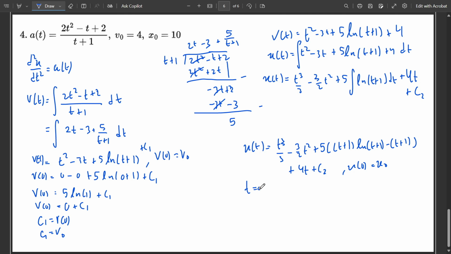So when time equals 0, x of 0 equals, let's look at this.